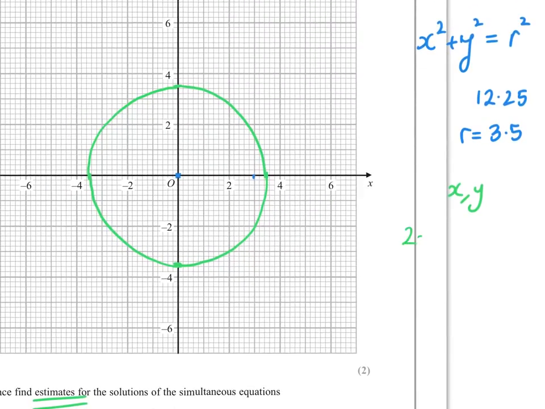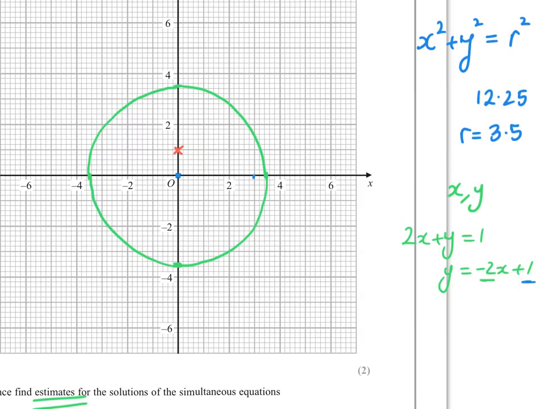If we have 2x plus y equals 1, we can take 2x from both sides, and we can see here the gradient is -2 and the intercept is 1 on the y. So we know that if we go along 1, we've got to go down twice as much.